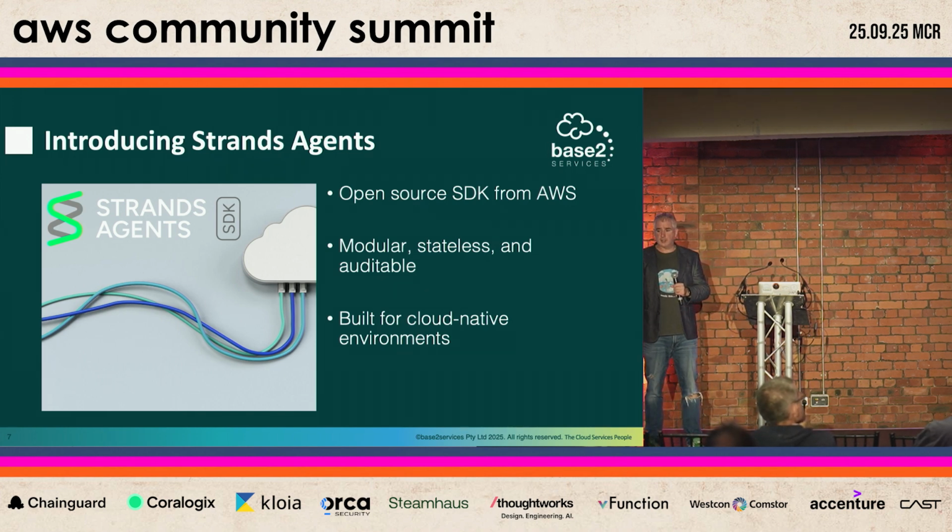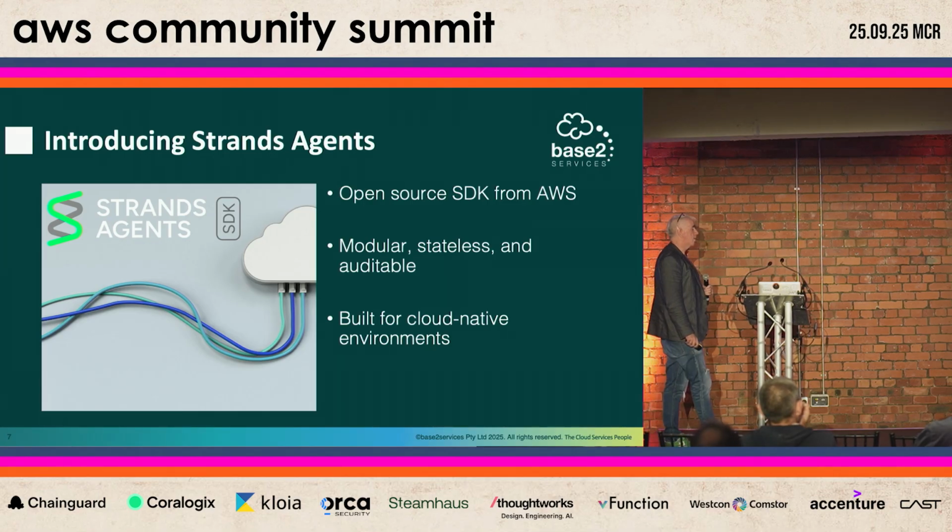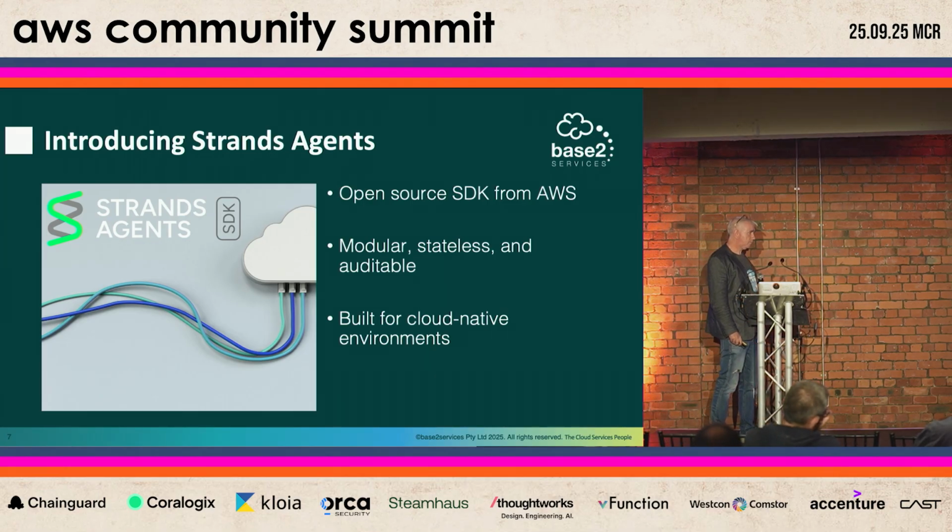So they went back to the drawing board and rethought the problem: how would I ideally want to build an agent? And so they created this SDK, which they then open sourced earlier this year.